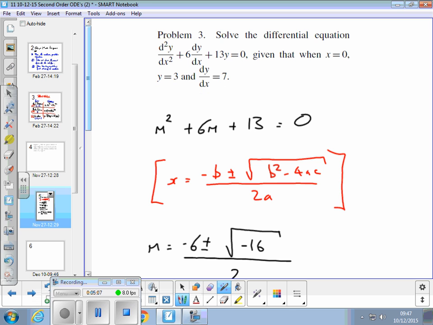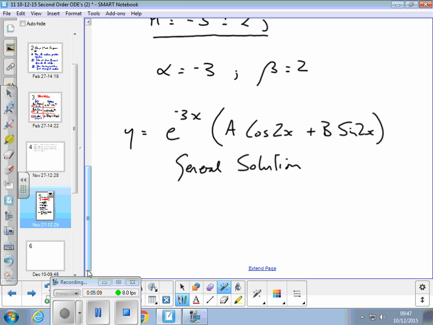When x equals 0, y equals 3, and then work out to get one equation. But then what I'll need to do is differentiate this side. And then I can write that the differential equals 7 when x equals 0.